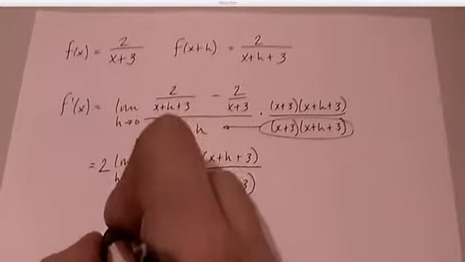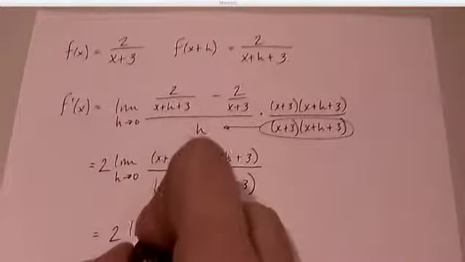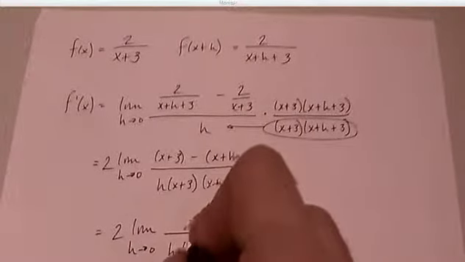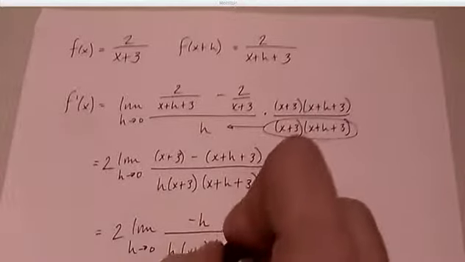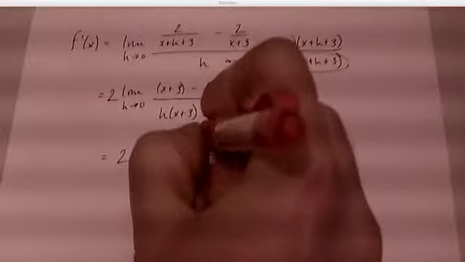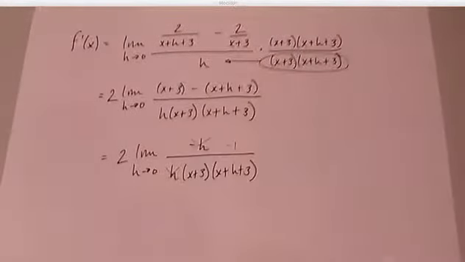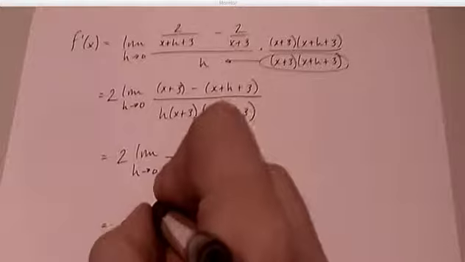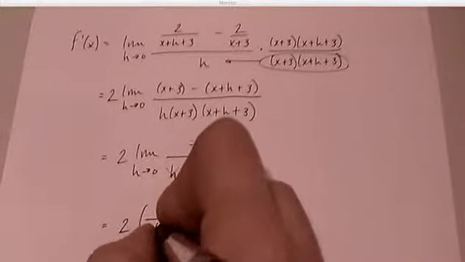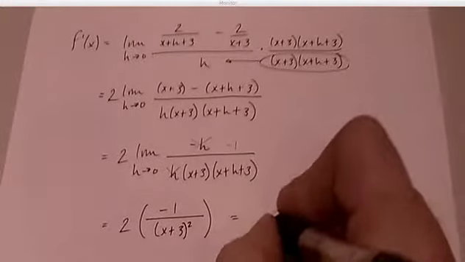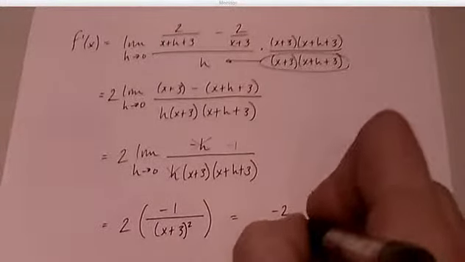All that's going to be left in that numerator is going to be an h, in fact a negative h, right? And so when I get to this stage right here, I just need to cancel that out, make sure that I don't lose the negative in the process, and I wind up with 2 times negative 1 over (x plus 3) squared, or negative 2 over (x plus 3) squared.